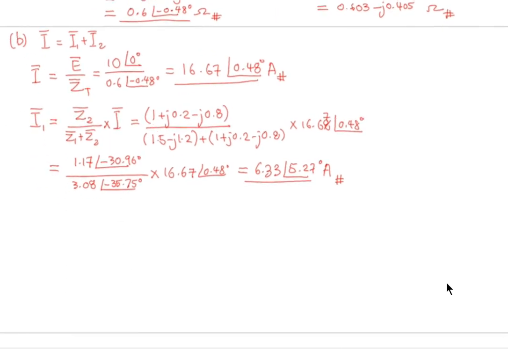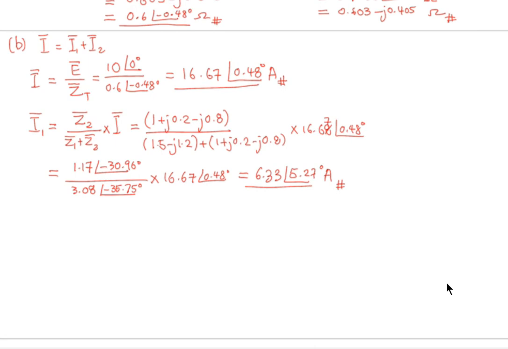And to calculate I2, I2 is I minus I1, which is 16.67 at an angle of 0.48 degrees minus 6.33 at an angle of 5.27 degrees.